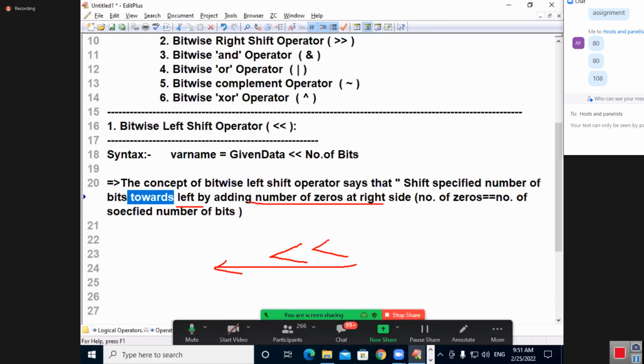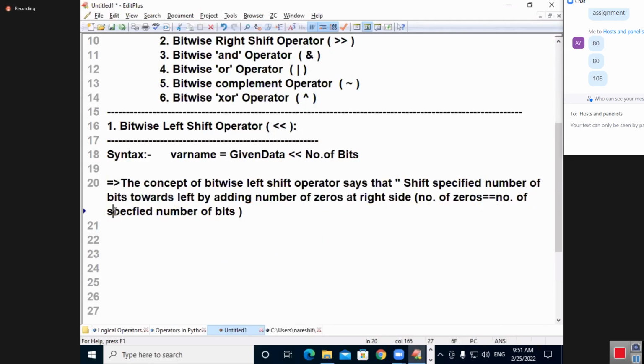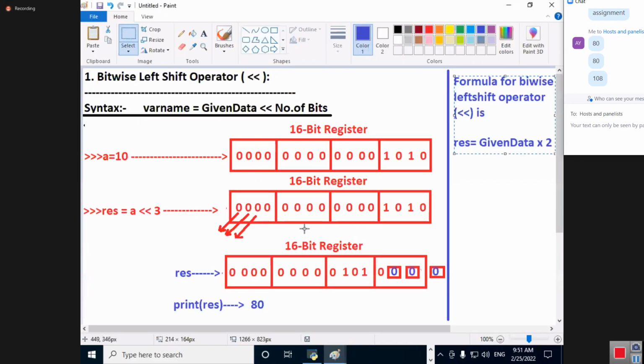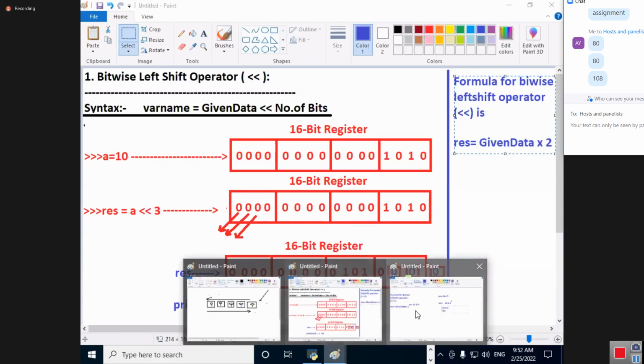In the diagram also, we did that only. And the formula I also mentioned here.